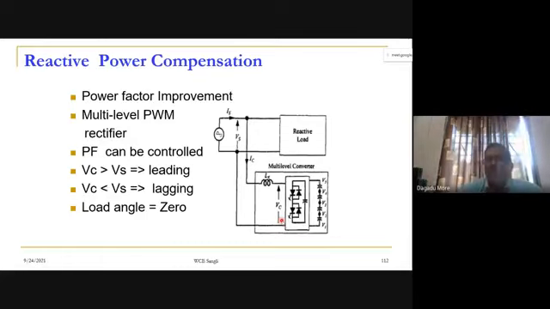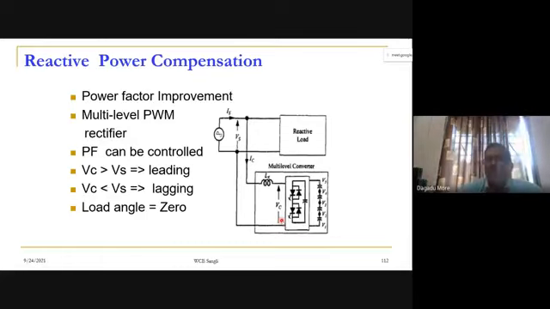We can control the modulation index to control VC, and VC can be greater than VS or less than VS. When the magnitude of VC is greater than the supply voltage, it will take a leading reactive power. And when VC is less than VS, it will be a lagging zero power factor.